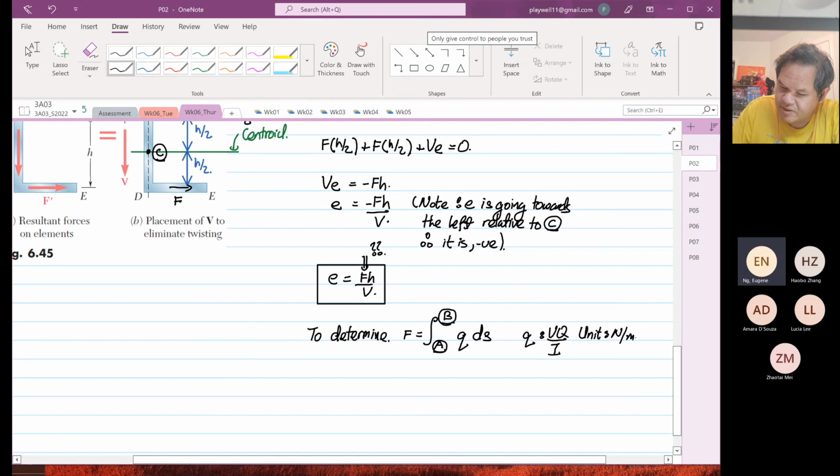Now you can use q, or you can also use the shear stress, and multiply tau by ds. ds is the linear distance.